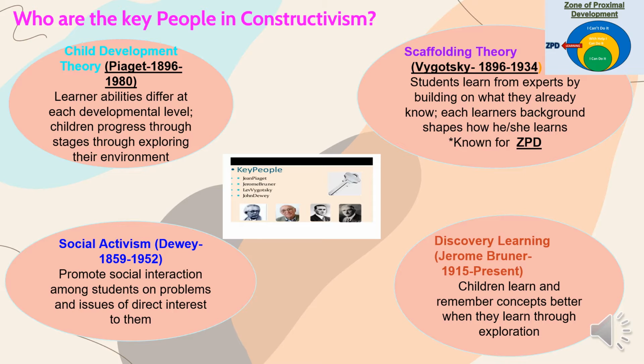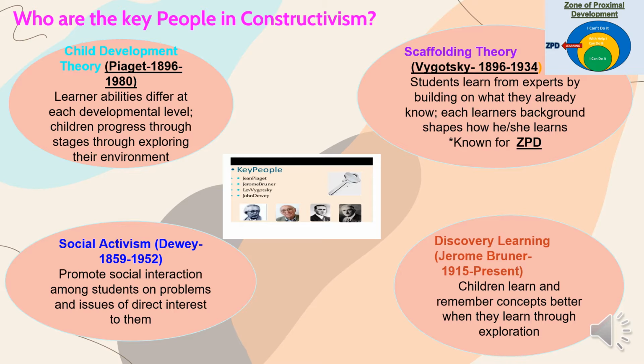Vygotsky, on the other hand, is known for his scaffolding theory and the zone of proximal development. He believes that students learn from experts by building on what they already know. Each learner's background shapes how he or she learns. And we have the zone of proximal development. The third person is Dewey.